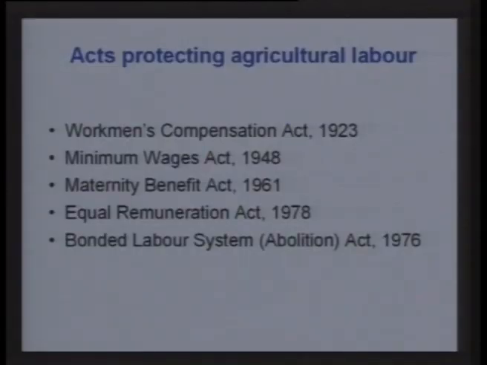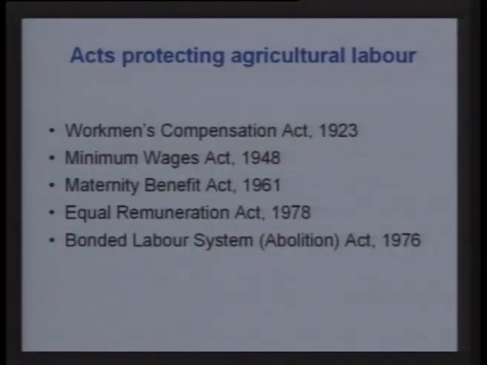The first one is the Workmen's Compensation Act, which was enacted in 1923. This means that the workers would be compensated in case they suffer injury or death while on work. So this is what the Workmen's Compensation Act has brought in. The second one is the Minimum Wages Act, which was enacted in 1948.